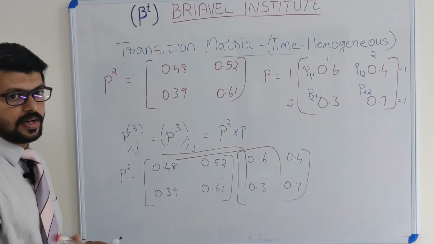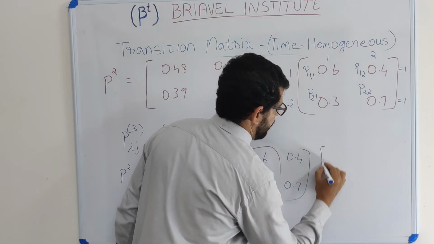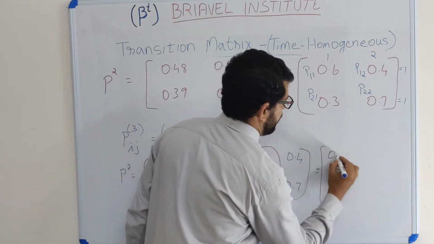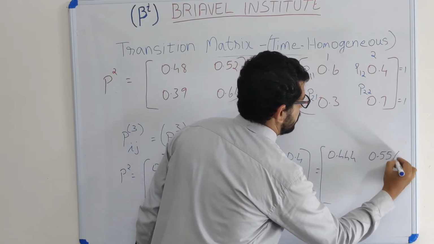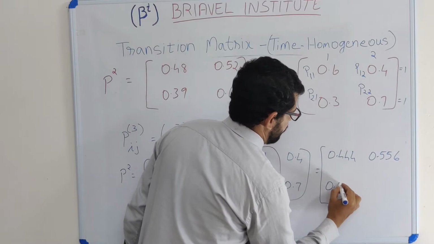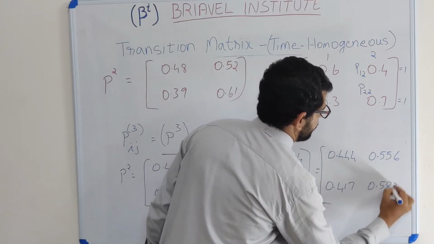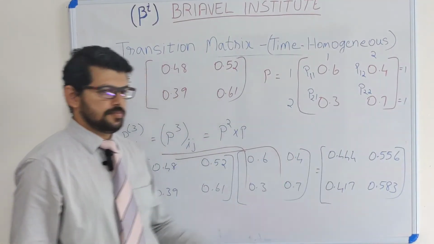Please calculate this in your books. You will get the answer: 0.444, 0.556, 0.417, 0.583. This is P cube.